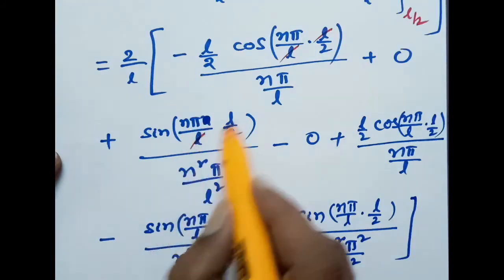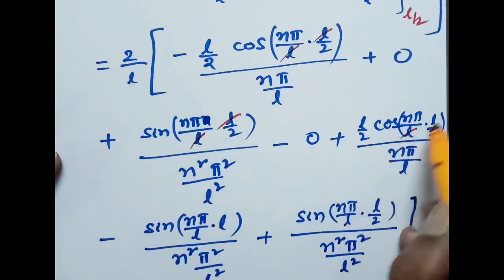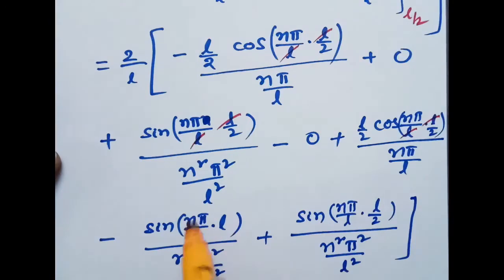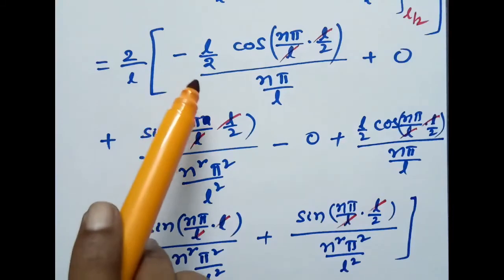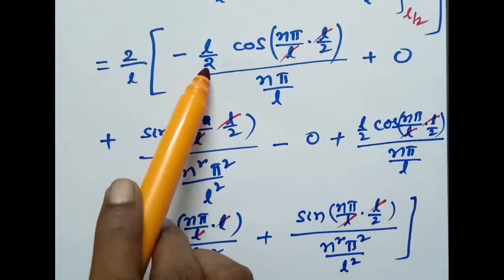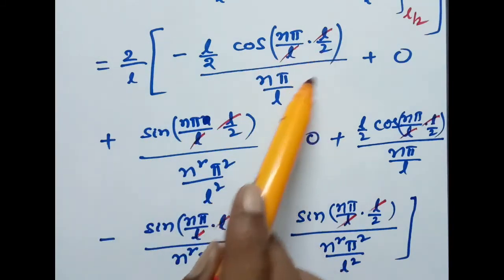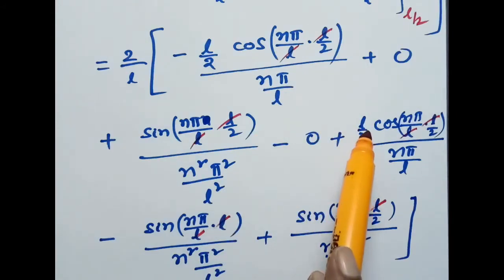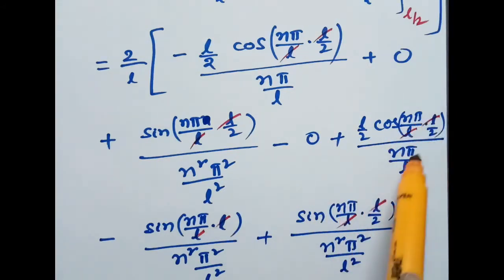Here also L gets cancelled. Therefore here minus L by 2 cos(n pi by 2) by n pi by L. Here also L by 2 cos(n pi by 2) by n pi by L. So this is a negative quantity, this is a positive quantity.